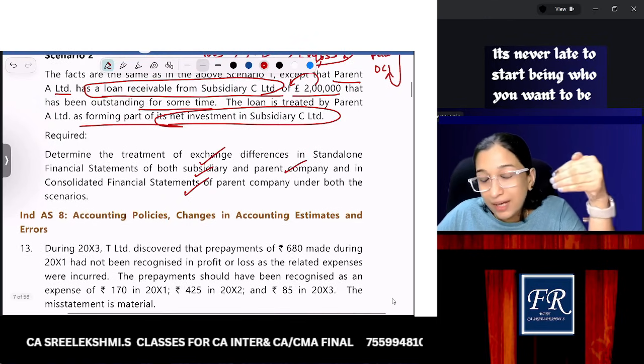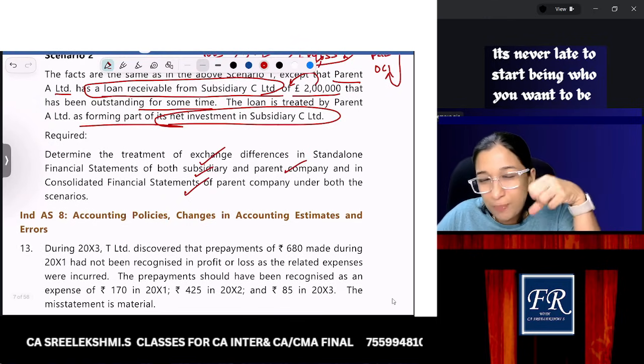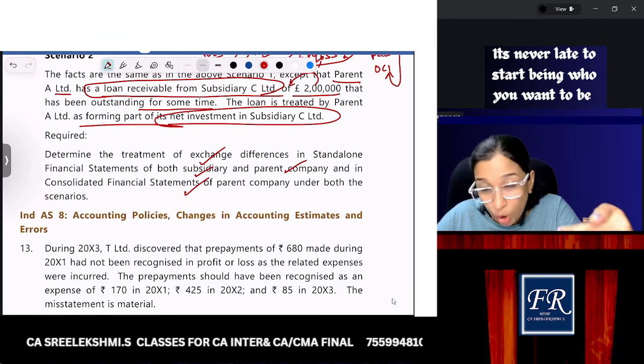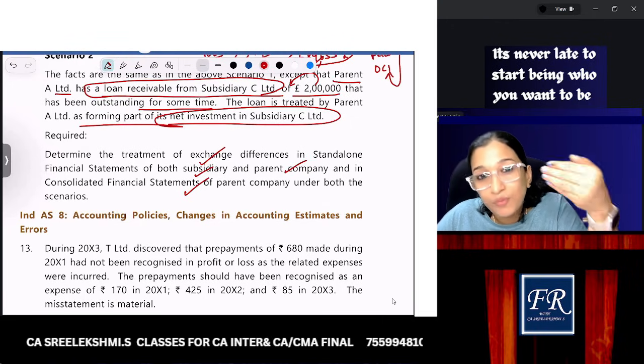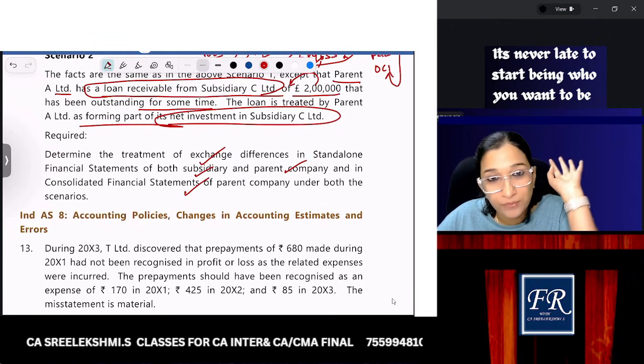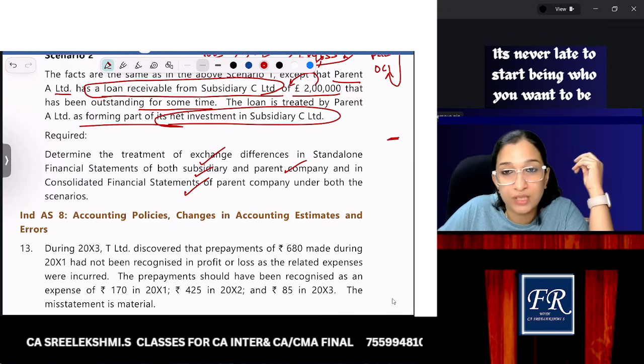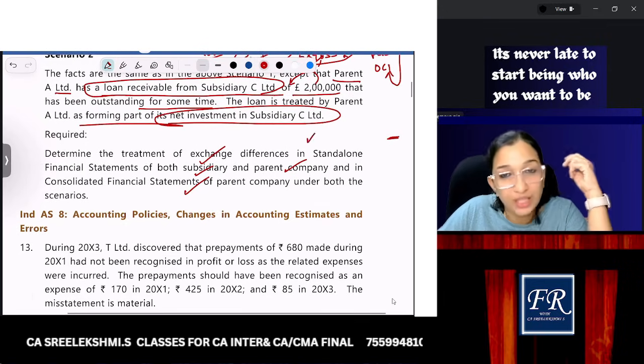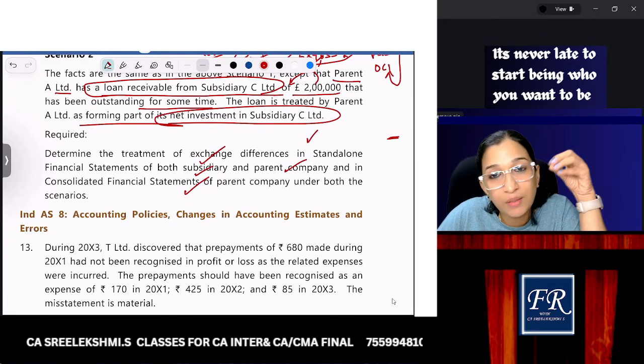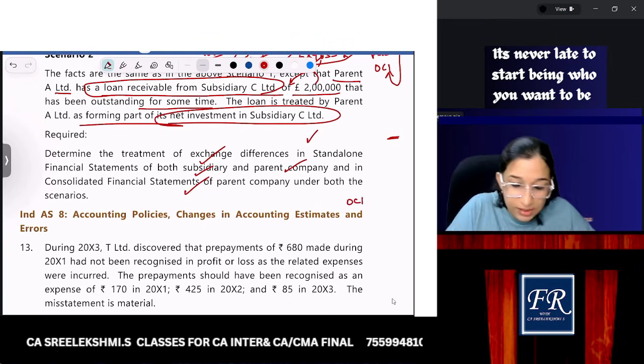Determine the treatment of exchange difference in the standalone financial statements of both subsidiary and parent, and in CFS. So if there is a foreign currency fluctuation in the parent, record it as loss in P&L, then it will be reclassified to OCI. In the first scenario, there is no impact in the subsidiary's books; in the parent there is an exchange loss, and in CFS it will be reclassified to OCI. In the second scenario, it is reverse.